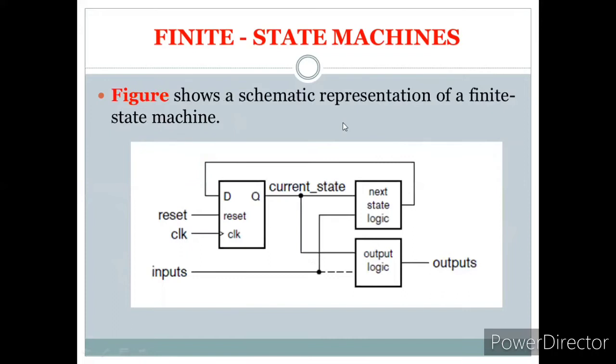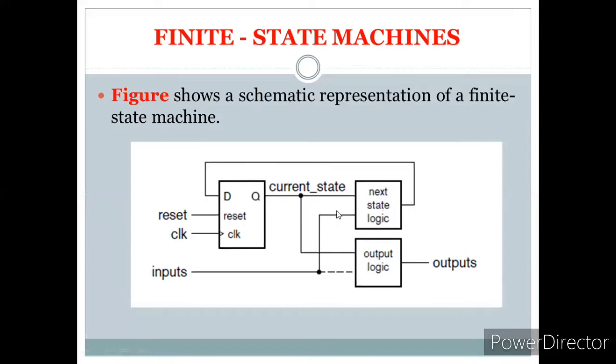This is the simple representation of a finite state machine. It's a sequential circuit. It has flip-flops and certain logical functions. The flip-flop output is the current state. The current state is given to the next state logic, or transition function.